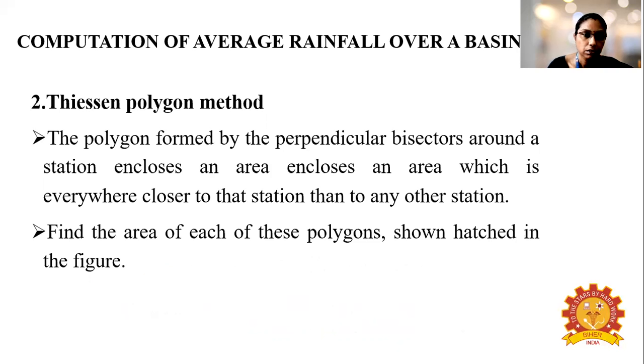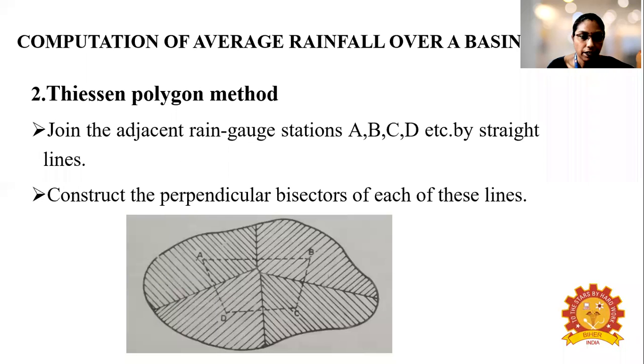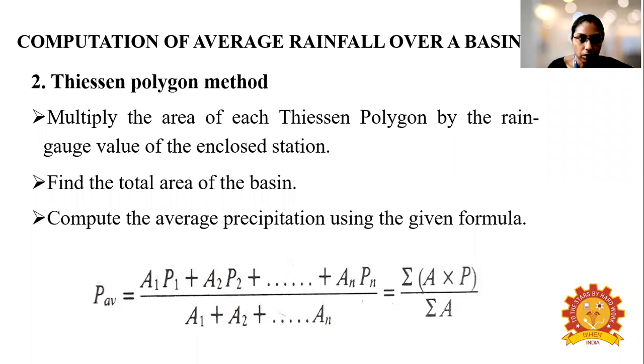Suppose for rain gauge station A you have an enclosed area. Find out that area where you have kept the rain gauge, at station A, and multiply it by the precipitation value recorded in rain gauge station A.